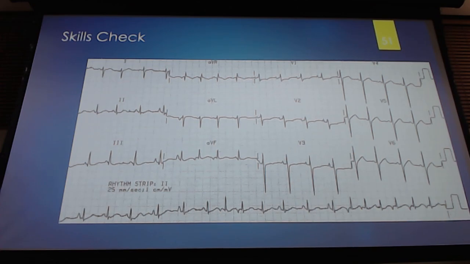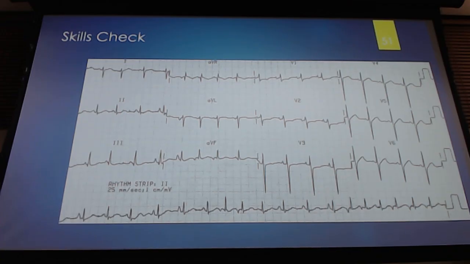Okay, so based on that, AFib, A flutter with variable block, or multifocal atrial tachycardia, what do you think this is? Multifocal atrial tachycardia. Because can we see P waves? We can see P waves.